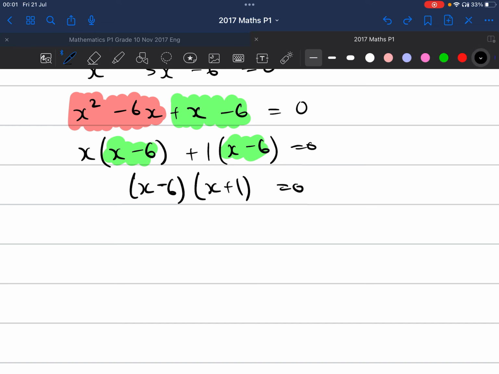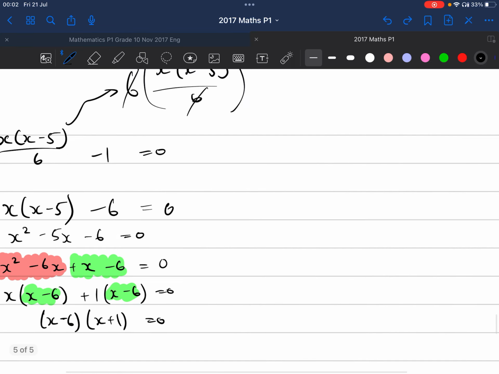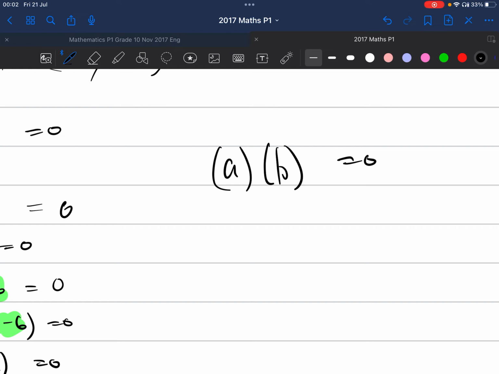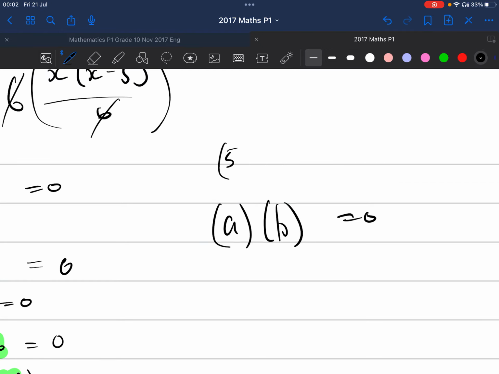If you think about multiplying two numbers, let's say a times b equals 0, the only way for two numbers to multiply and equal 0 is if one or both of these numbers are equal to 0 already. Let's say I have 5 times 0, that gives us 0. Or let's say I had 0 times 5, that gives us 0. So do you see, one of them has to be equal to 0, or both of them have to equal 0.